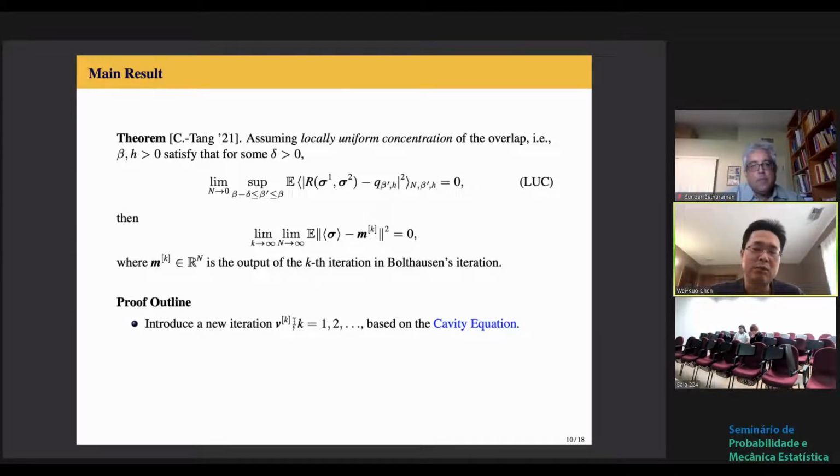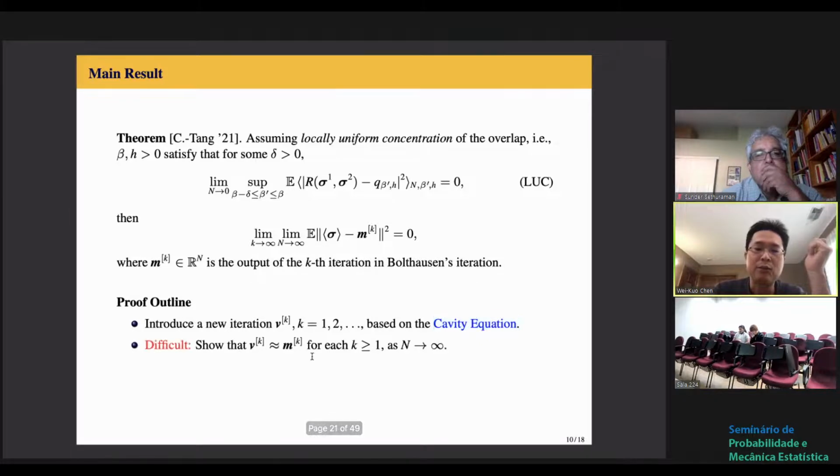The approach is to introduce an iteration in the middle, the so-called cavity equation. Based on the cavity equation and this iteration, the cavity iteration is asymptotically very close to Boltzmann's iteration. This is the entire paper. The main difficulty is to show that these two are close to each other.